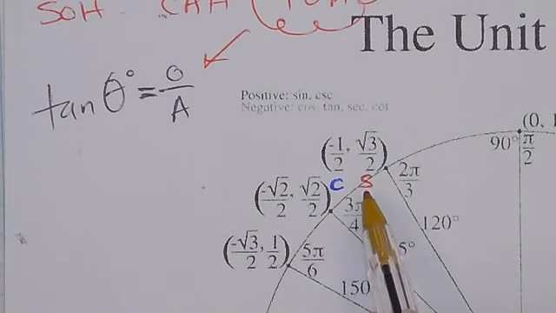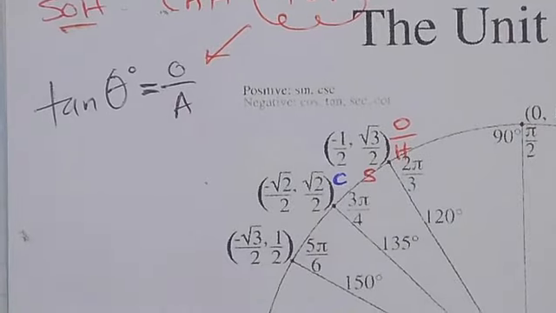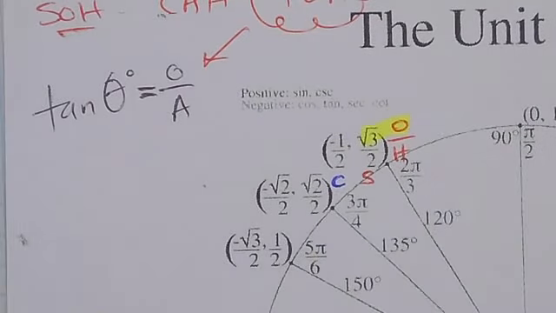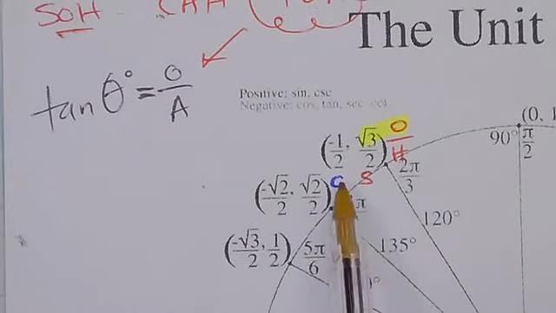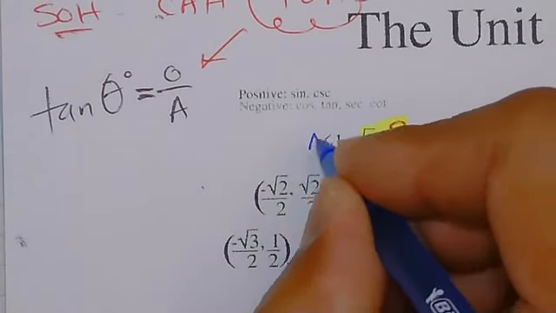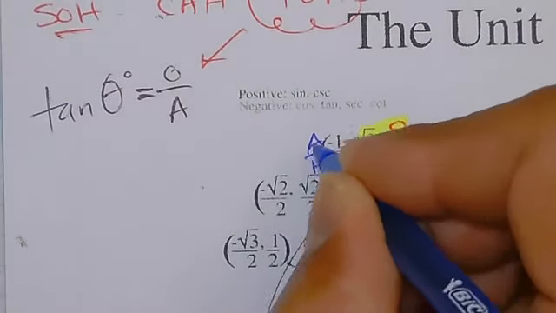What's your ratio for sine? √3/2. So this is telling you the O and the H, isn't it? Do I not have the opposite side number? And what is the cosine telling you, everybody? The A and the H.